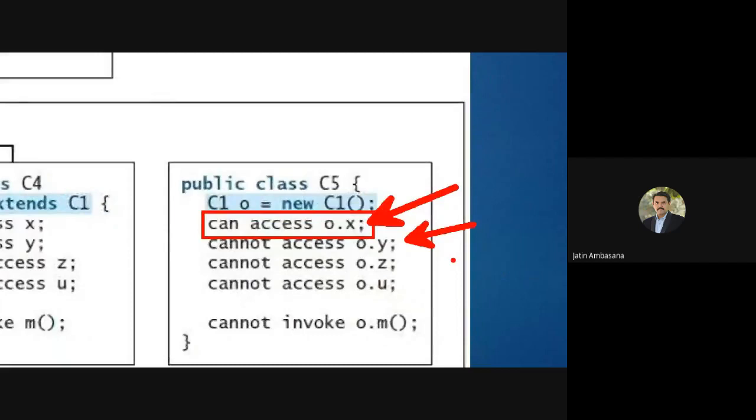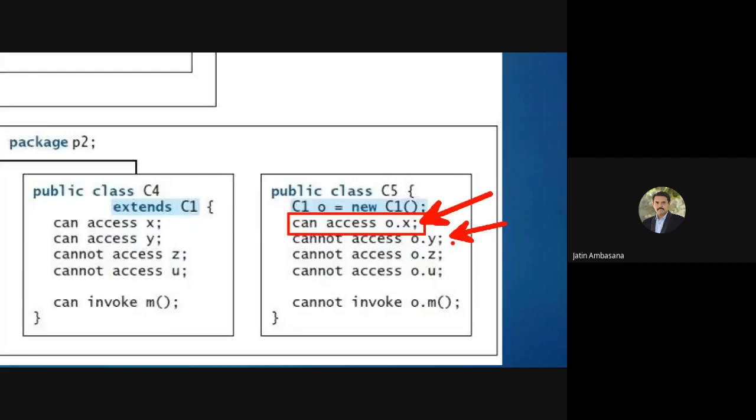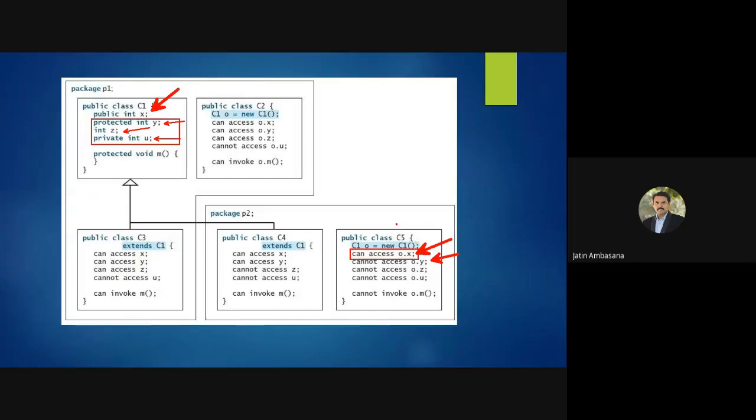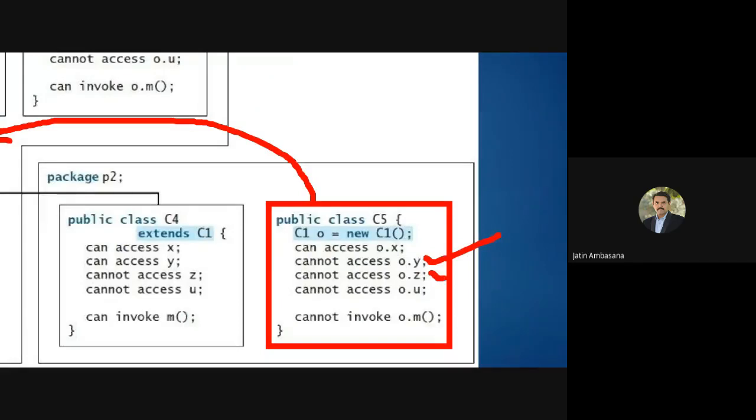Sorry, Y is protected, and outside the current class it is only allowed to be accessed by a child class, and C5 is not a child class of C1, so it cannot access Y. Just suppose that this C5 is available inside this package P1, then it can access this Y and this Z also.